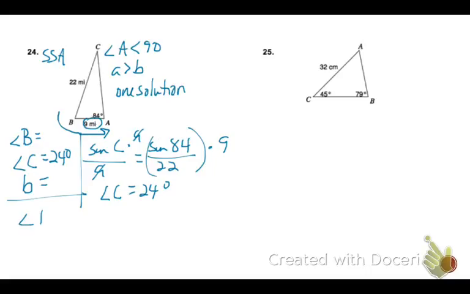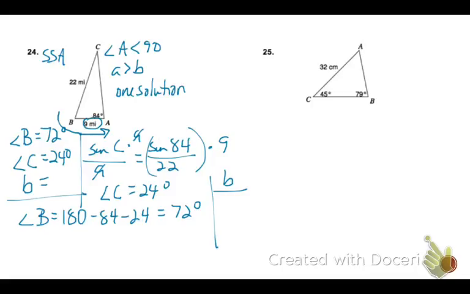Okay, angle B, the third angle in our triangle, we can just subtract from 180 degrees. So angle B will be 72. And then finally, side B. We use the law of sines one last time.